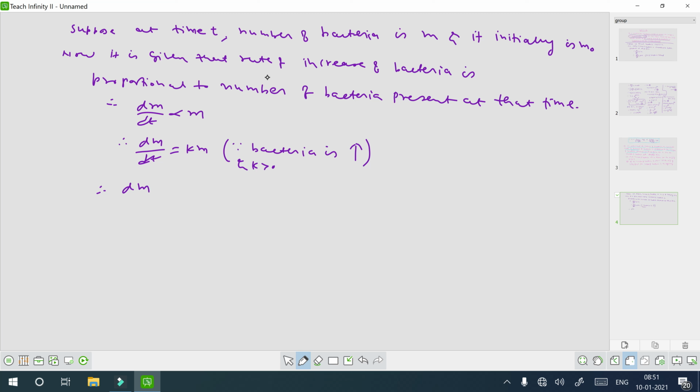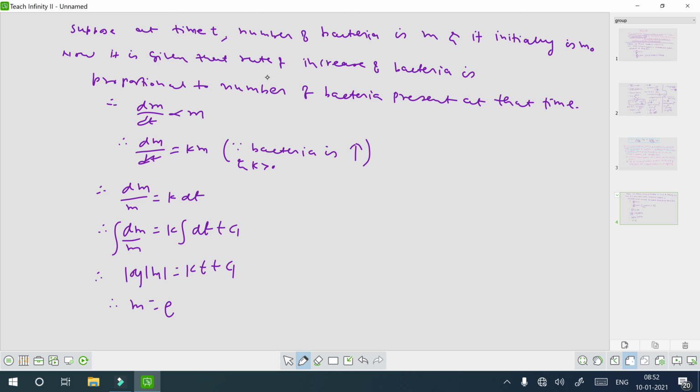So what we get, dm by m is equal to k dt. Taking the integral, dm by m is equal to k times integral dt plus c1. Can I put c1? Yes. So log mod m is equal to kt plus c1.